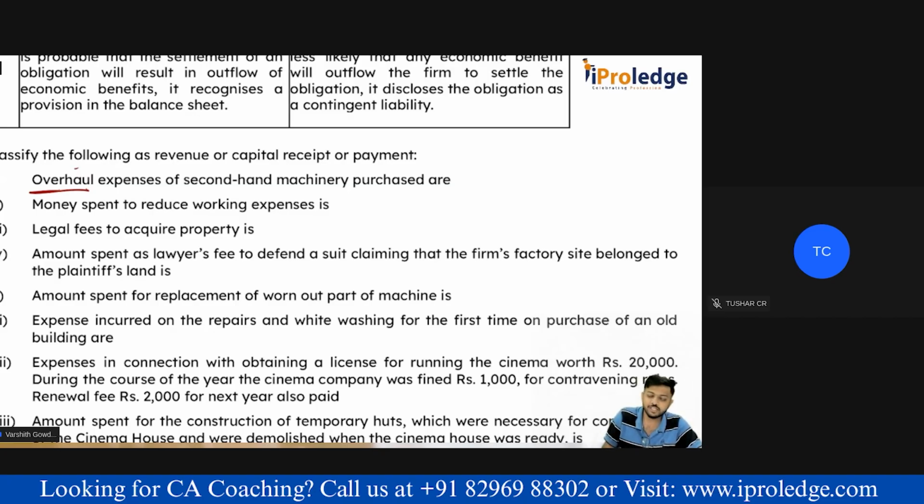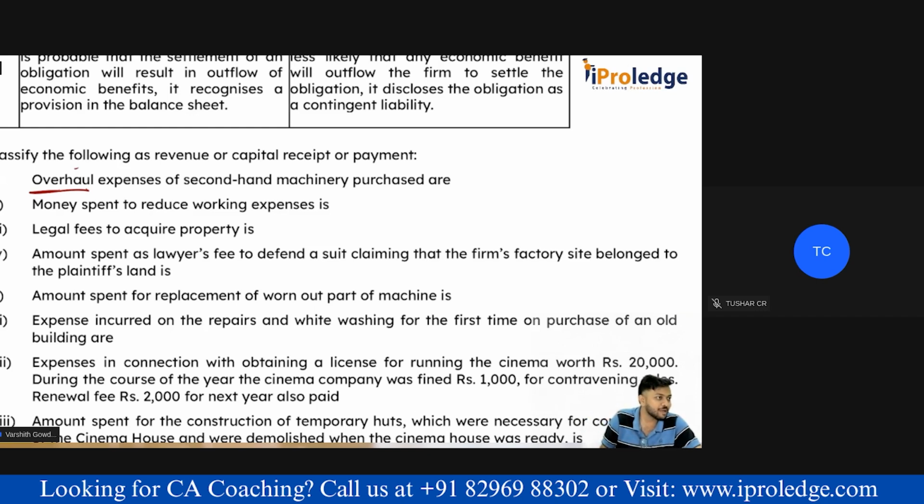Overhauling means you'll buy second-hand machinery, you'll give it to this guy. This guy will do an overall check, and he'll do whatever repairs are required. This is called overhauling of the machine. Whatever problems that machine had, this guy will repair it. So you bought second-hand machinery and you have invested in overhauling.